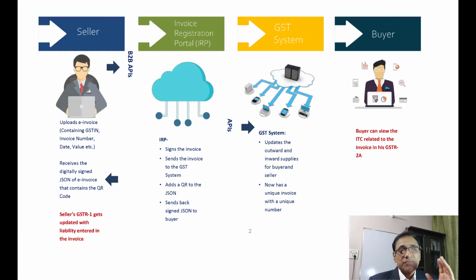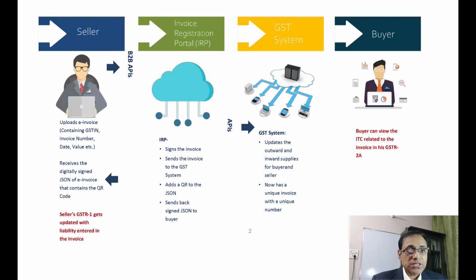In turn, the Invoice Registration Portal signs the invoice, sends the invoice to the GST system, and it adds a QR code to the JSON and sends the signed JSON to the buyer. What the buyer gets is the JSON of the invoice that contains the QR code.